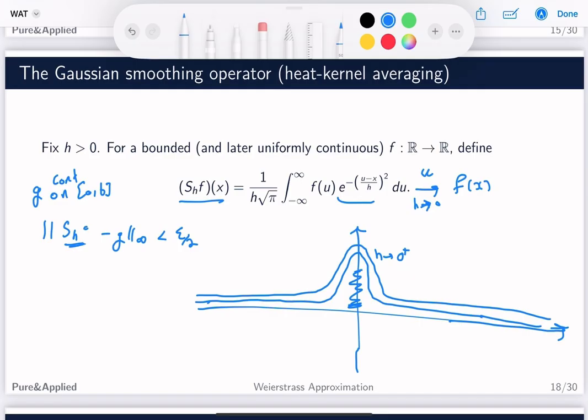Then what we can show is that the difference between S_h g and g can be bounded by epsilon over 2 in the sup norm over [a, b]. And similarly, we can show that S_h g minus a polynomial is small, coming from the fact that the exponential function can be approximated uniformly by a polynomial. So there's a polynomial that approximates this thing uniformly by epsilon over 2, and hence we can approximate g by p with an error epsilon uniformly. So this is the idea of the proof.